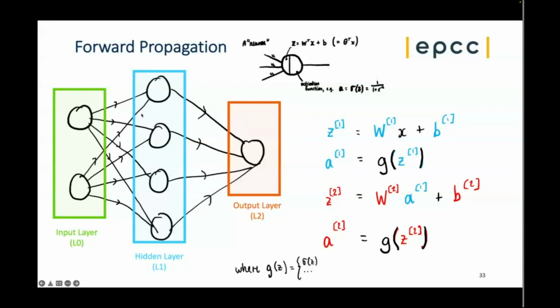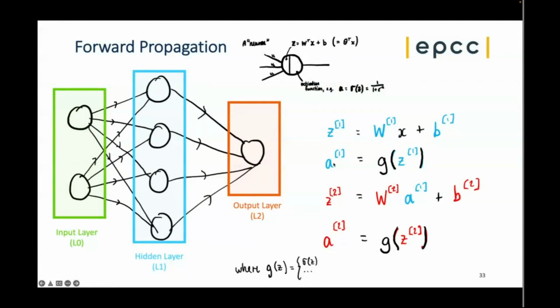It is exactly the input data, which is why I've used X here. So the input data is multiplied by the weights of the edges, and that's used to calculate the Zs for the next layer. And then you also add the biases associated with the neurons in this layer.